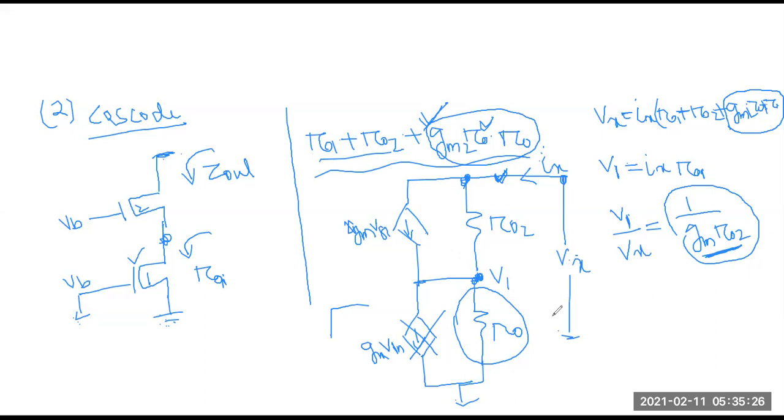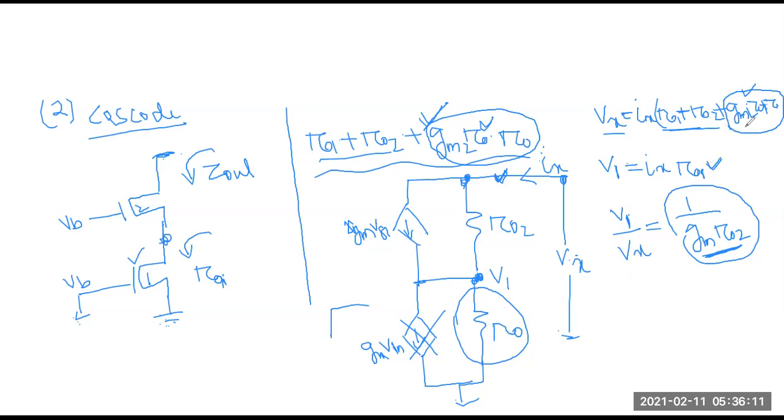Sir, can you please explain this one again? This formula V1 over Vx. Here, Vx is R01 plus R02 plus gm R01 R02. Of these three components, gm R01 R02 is very, very much higher than the others, so we take Vx as Ix into this part. V1 is Ix into R01, since Ix is flowing in this path. Here you made an assumption that gm into R02 is greater than R01 and R02?